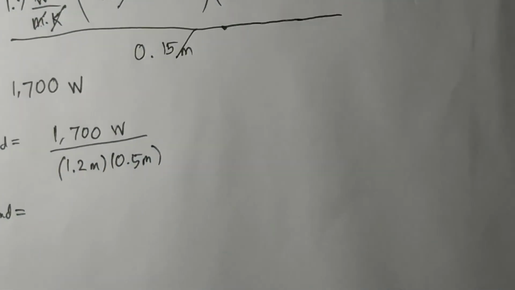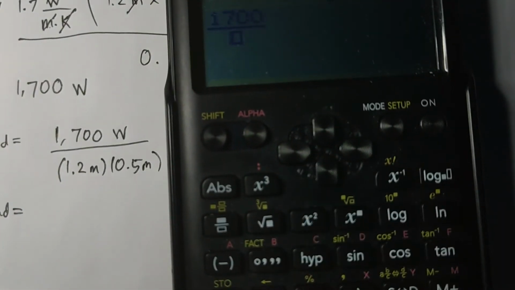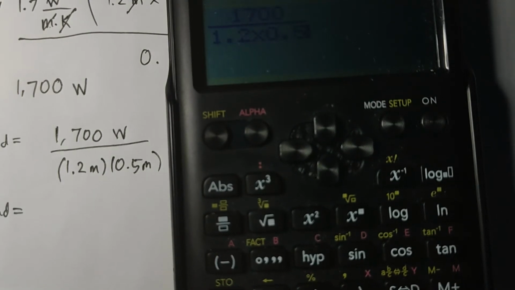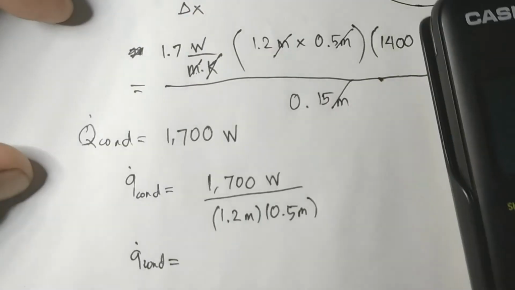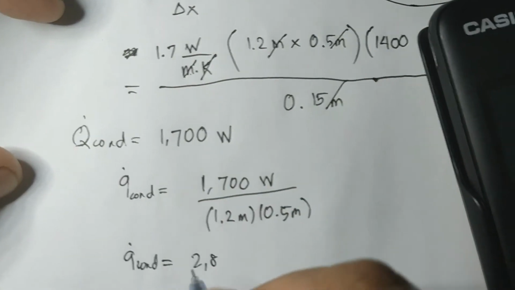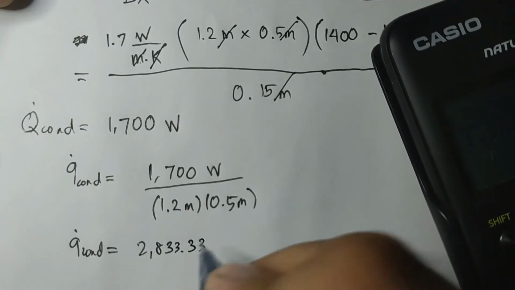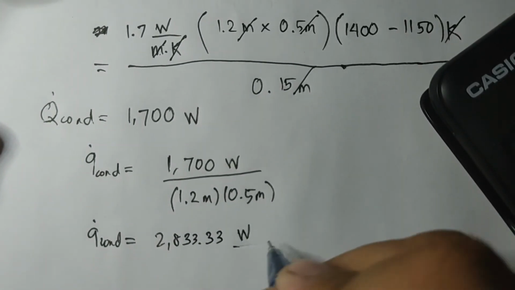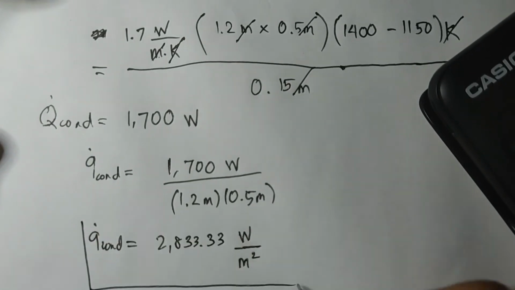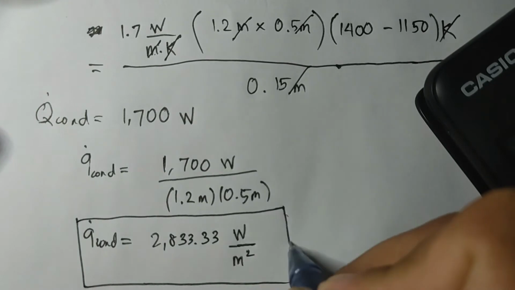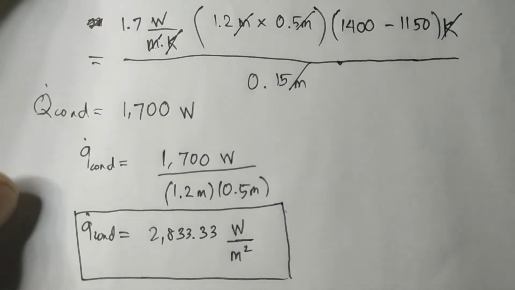At makukuha mo ang iyong heat rate. So, 1,700 over 1.2 times 0.5. We have 2,833.33 watts per meter squared. So, napaka-easy ng process ng pagsosolve ng heat transfer by means of conduction.